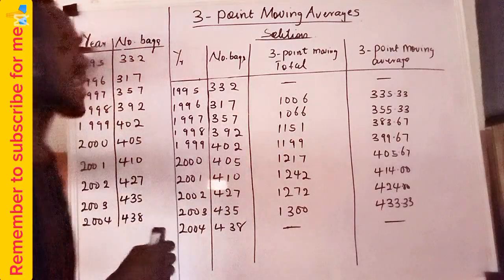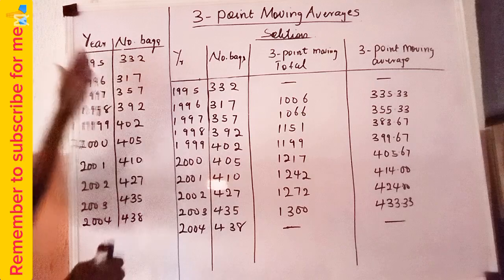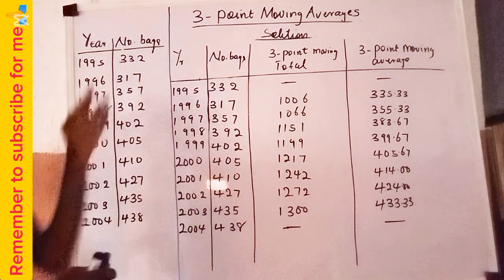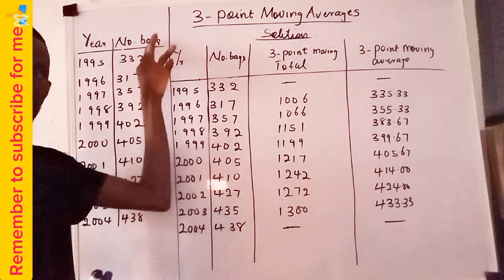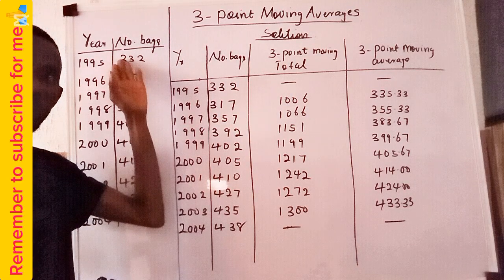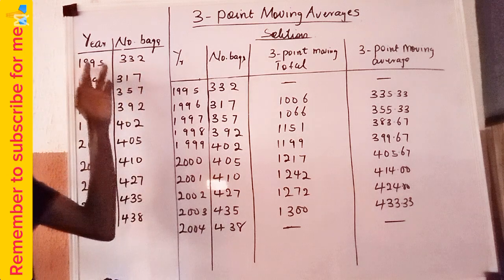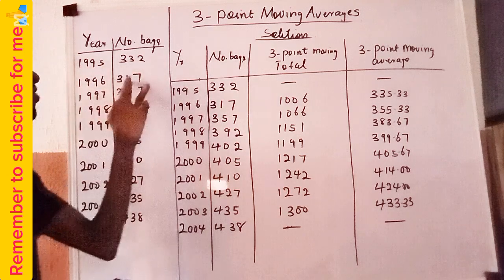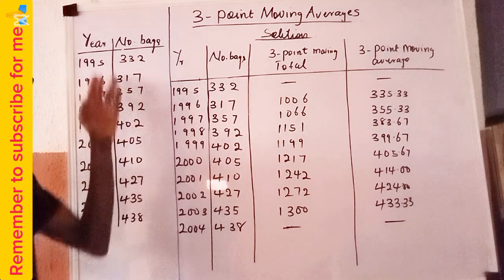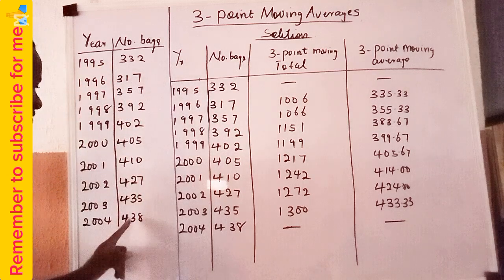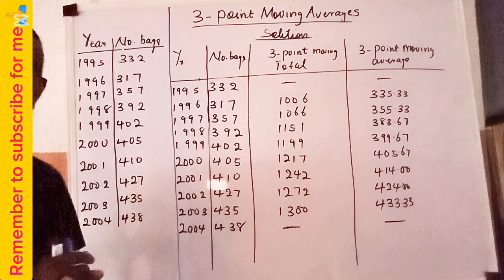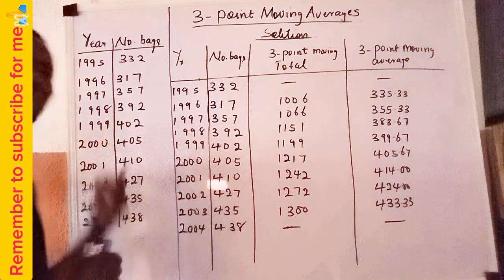The time series data that is given to us is pasted here, where we are given the year and the number of bags, which could be number of bags of beans produced by a farmer in year 1995, number of bags of beans produced by a farmer in 1996, down to the number of beans produced by a farmer in 2004. So this is a time series data.